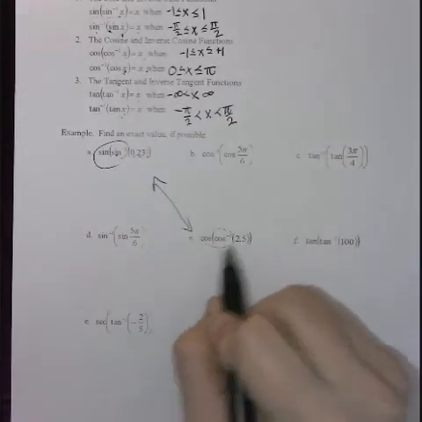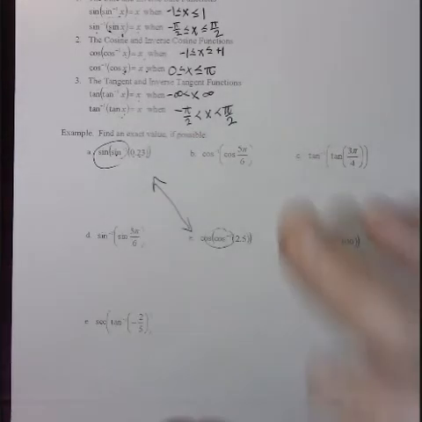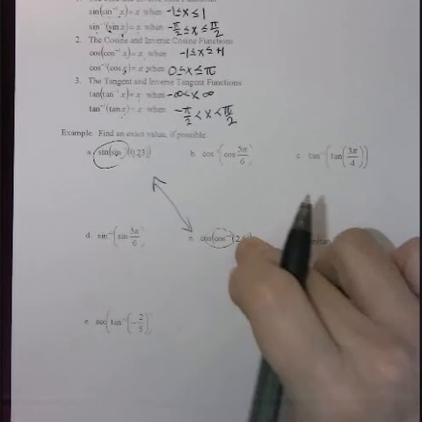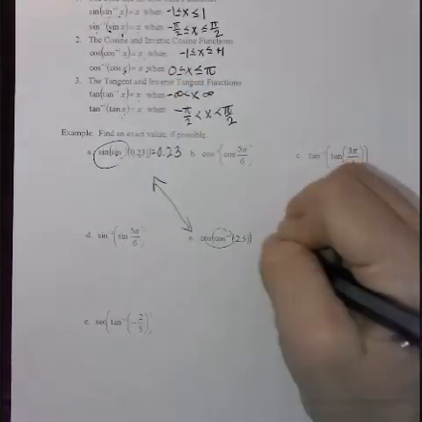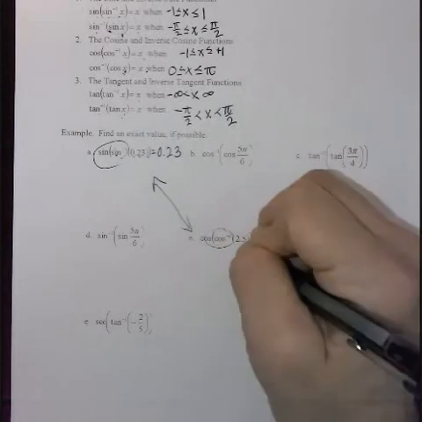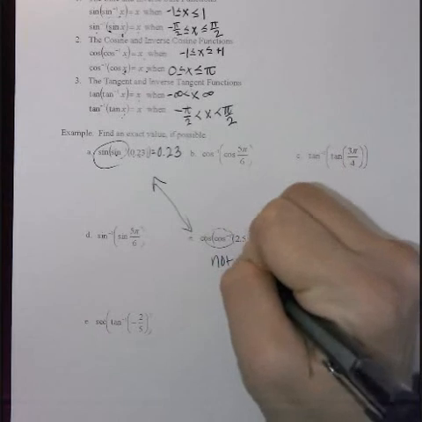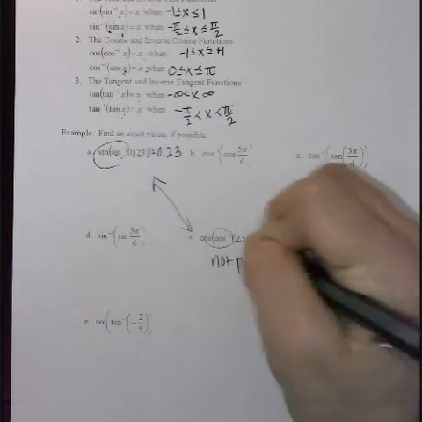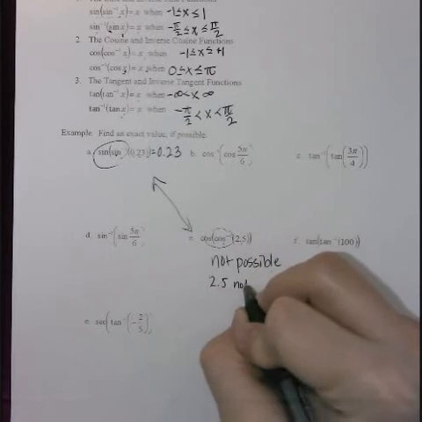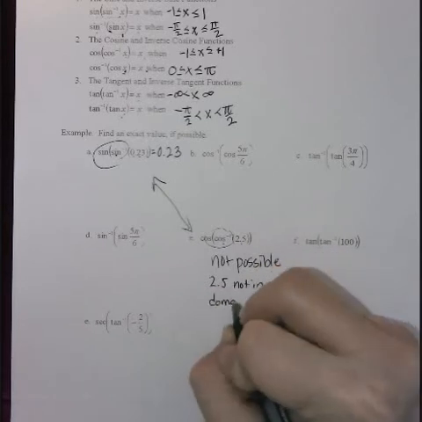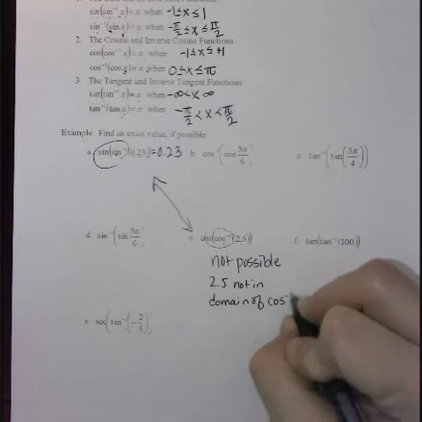Same thing, you say, oh, those will undo each other and I'll just get 2.5. Well, this one you do get 0.23, but this one is not possible because 2.5 is not in the domain of the cosine inverse function.